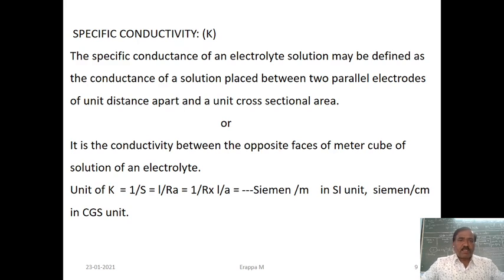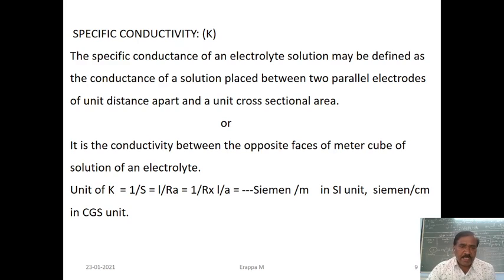Next, what is meant by specific conductivity K? The specific conductivity of an electrolyte solution may be defined as the conductance of a solution placed between two parallel electrodes of unit distance apart and unit cross-sectional area. Another definition for this specific conductivity, it is the conductivity between the opposite faces of a meter cube of a solution of an electrolyte.